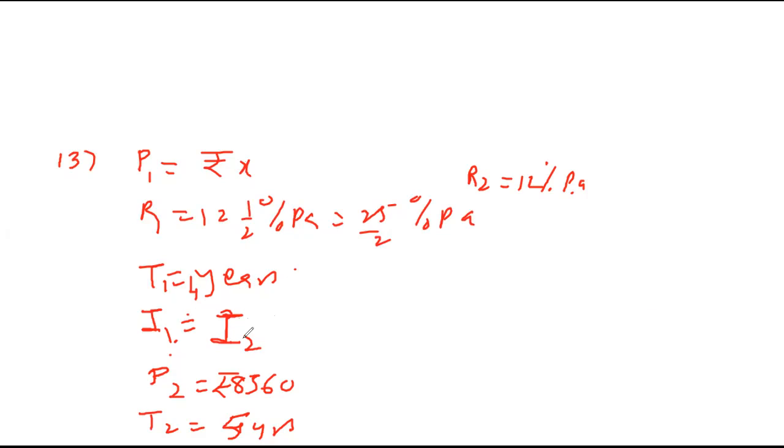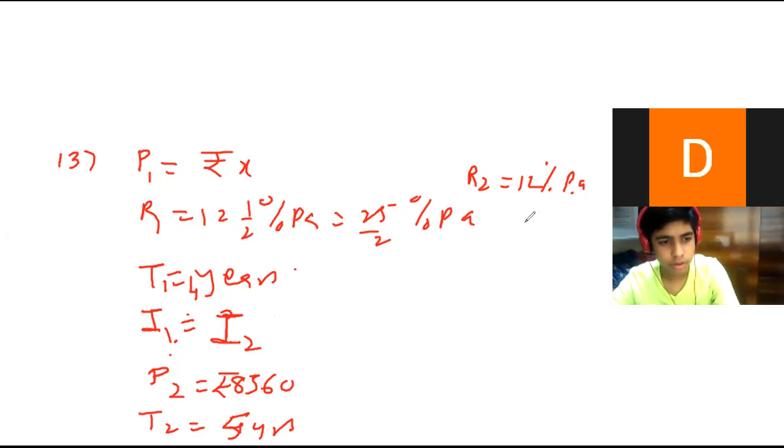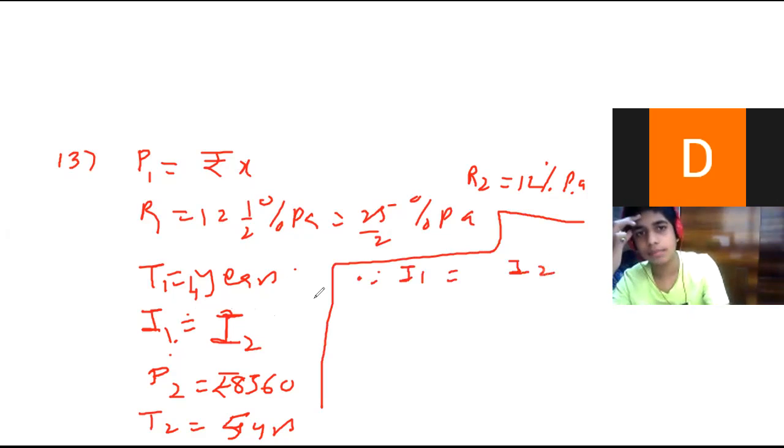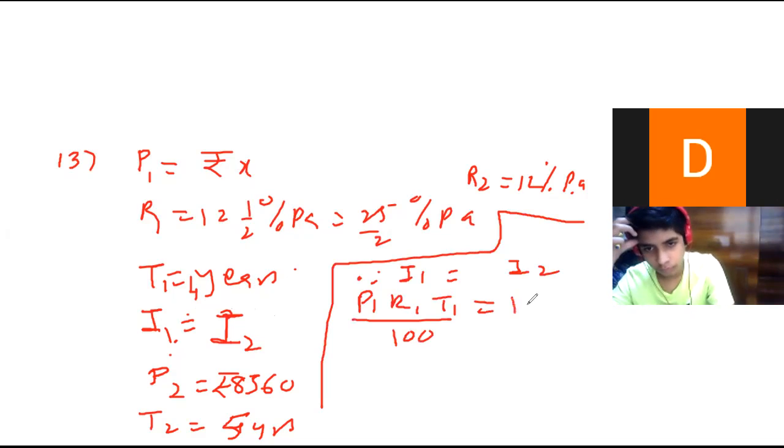But I2 is for amount 8560 for 5 years at 12%. So can I start like this after writing this information? Since I1 is same as I2, so P1 R1 T1 upon 100 is P2 R2 T2 upon 100. Yes, any doubt?